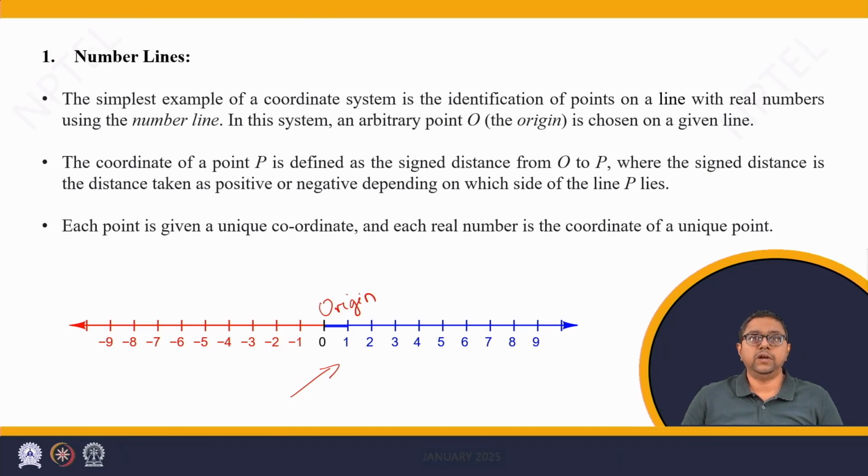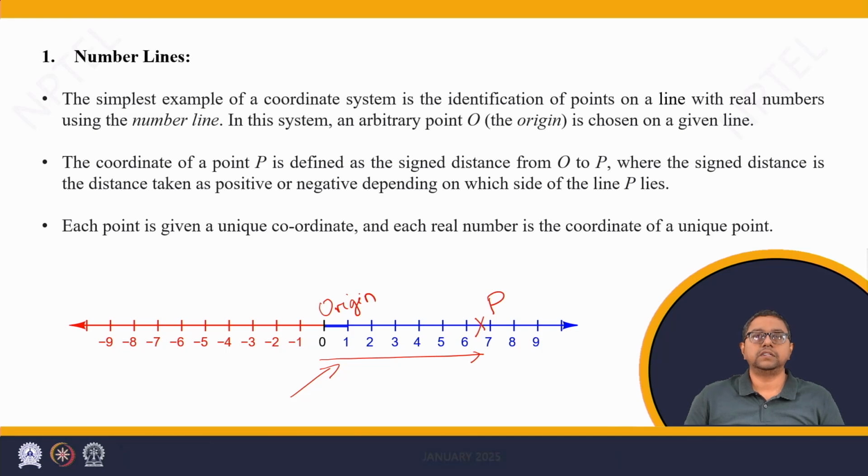So any point P, let's say, can be considered like this, where the distance can be given by the arrow indicated. So each point is given a unique coordinate which consists of a single number, and that number represents the position of the quantity.